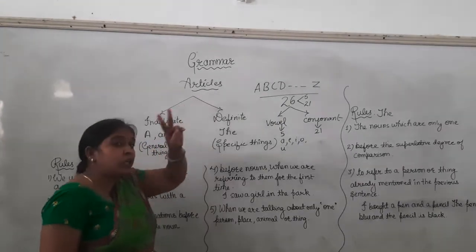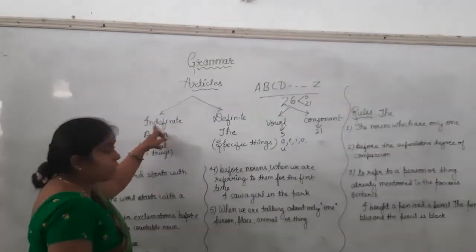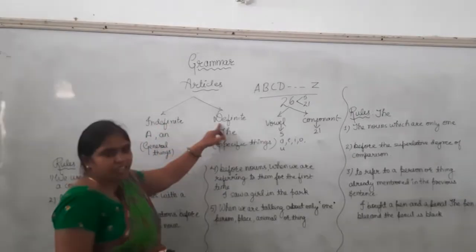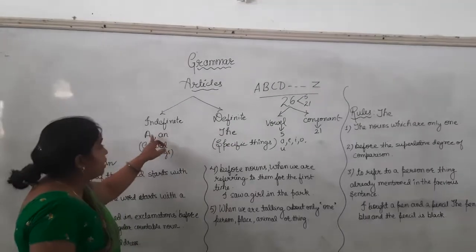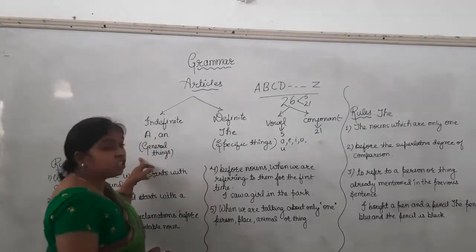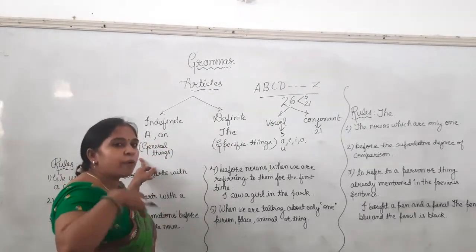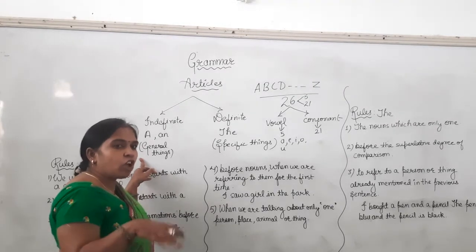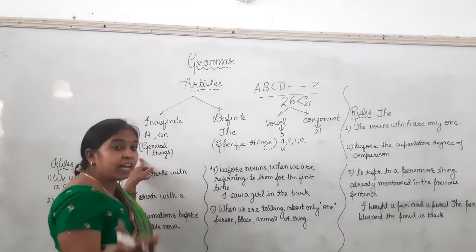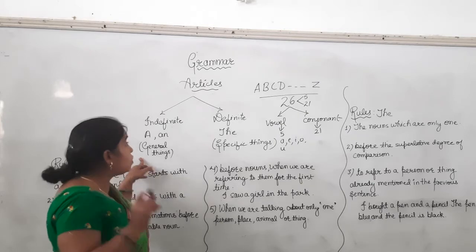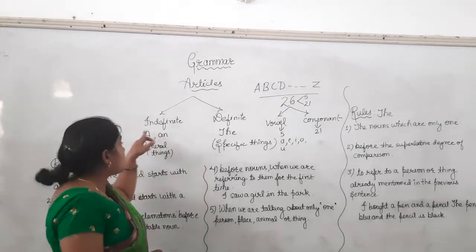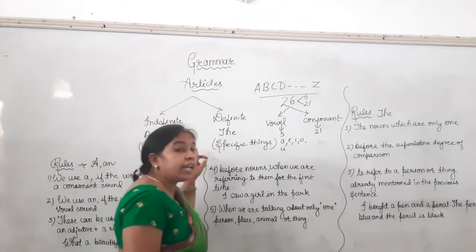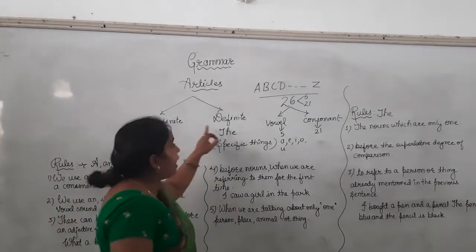Articles are divided into 2 parts, indefinite and definite. Indefinite means when we use the articles with general things, general topics, general nouns. Those articles are a and an.